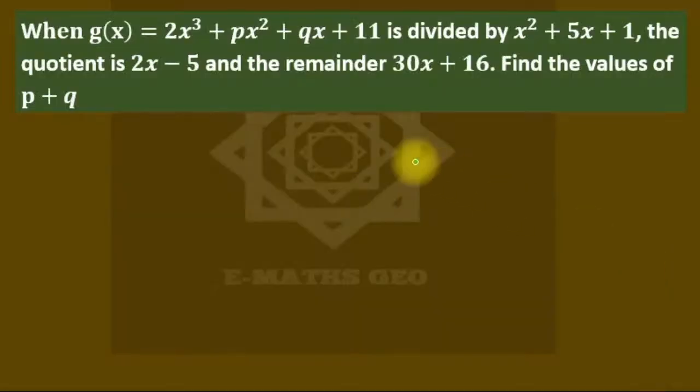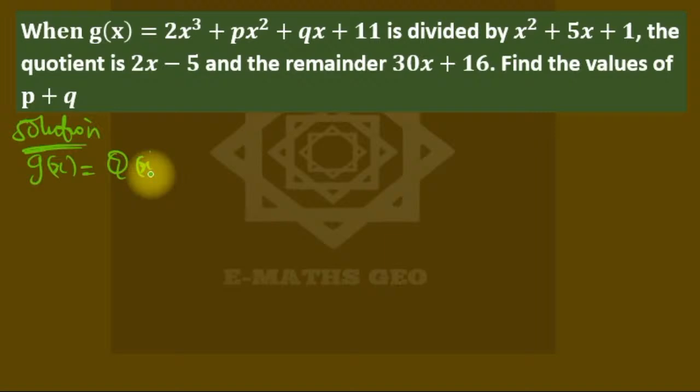When g of x, as the polynomial, is divided by this, the quotient is that and the remainder is that. Find the value of p plus k. This is a simple question because it requires basic knowledge of polynomials. We know that for every polynomial, let's call it g of x, the dividend is always equal to the quotient times the divisor plus the remainder.